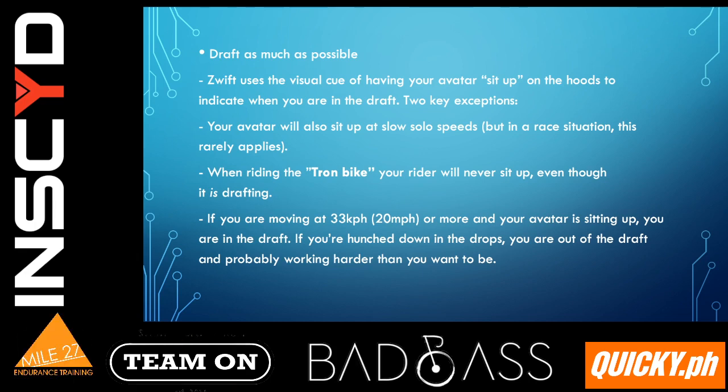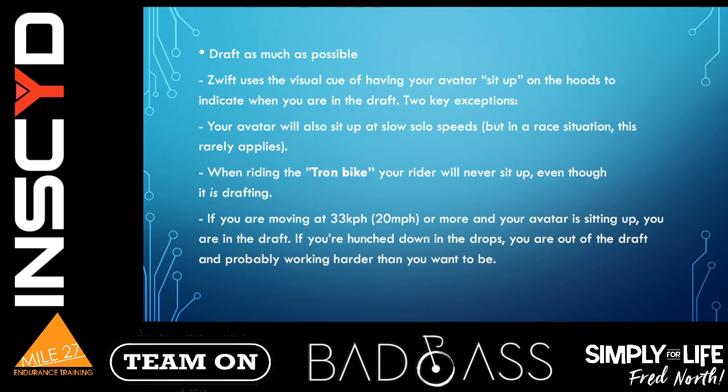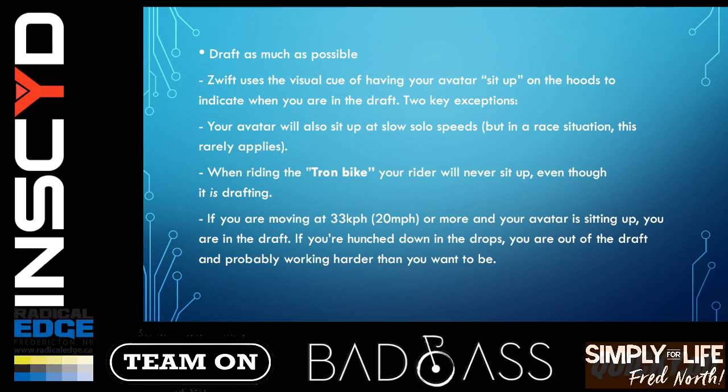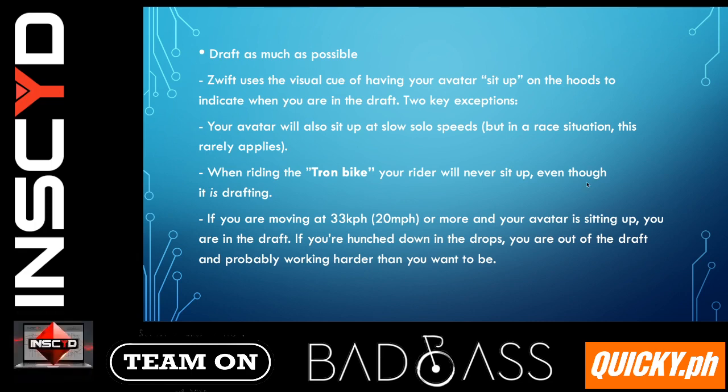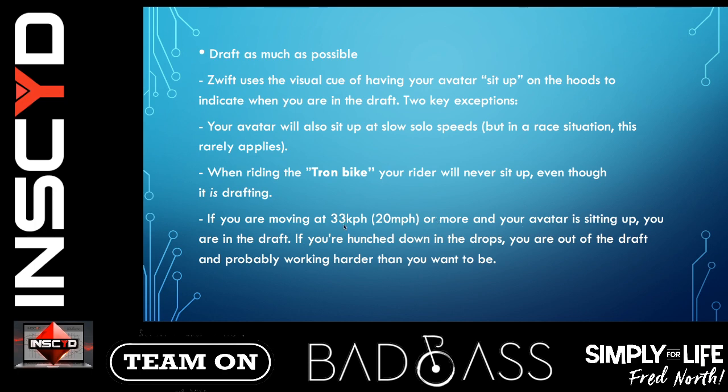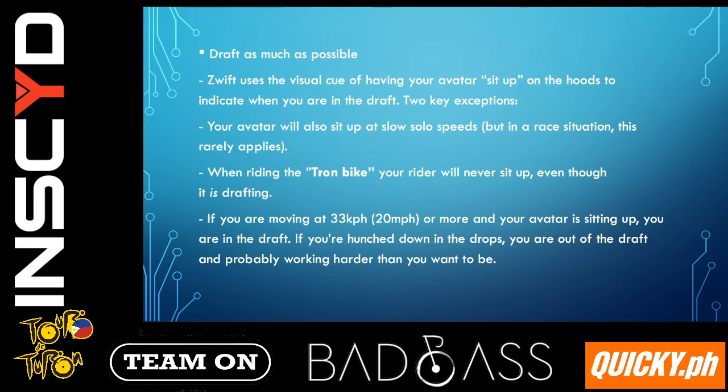But the visual cue is not applicable when you're using your Tron bike. So it's one of the disadvantages of having the Tron bike. You won't be able to know if you're really drafting. If you're moving at 30 kph or more and your avatar is sitting up, you are in the draft. If you're in a hunched down position, you are out of the draft and probably working harder than what you want to be.